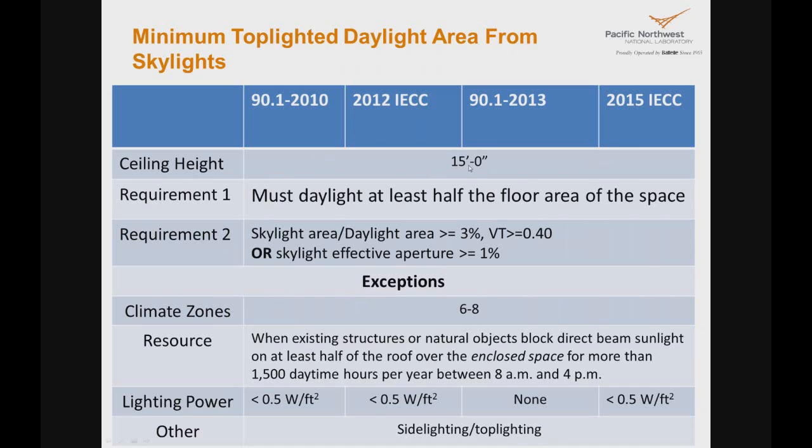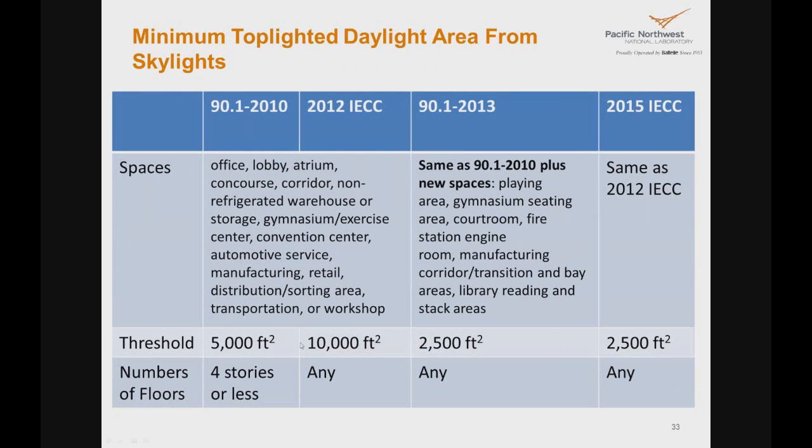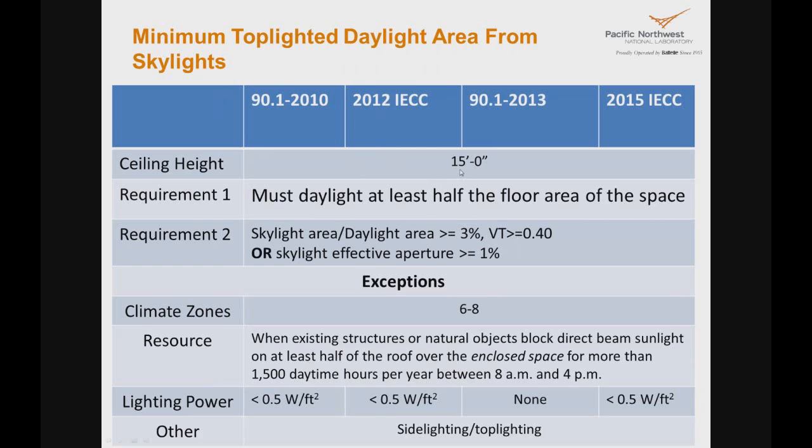It then makes sense to put skylights in and then to put controls in. And it makes sense because controls are able to save lights and they are cost effective. So not only do you have to have a large space, but you also need a high base ceiling, or a high base space, for this requirement to take effect.